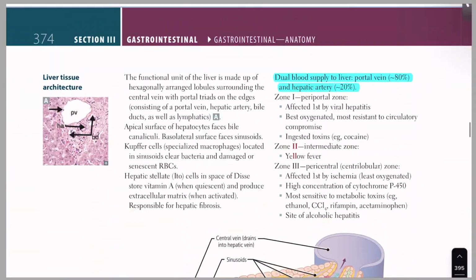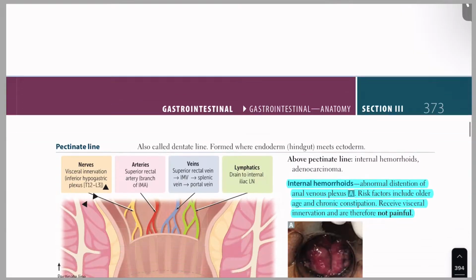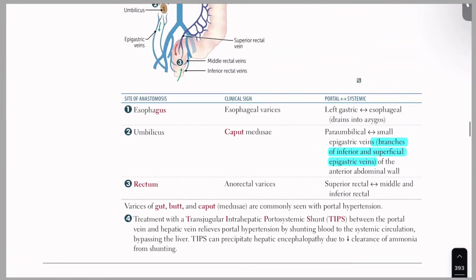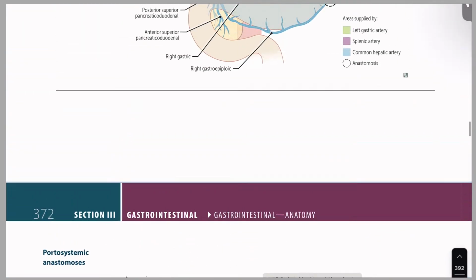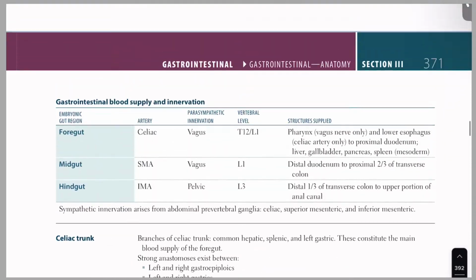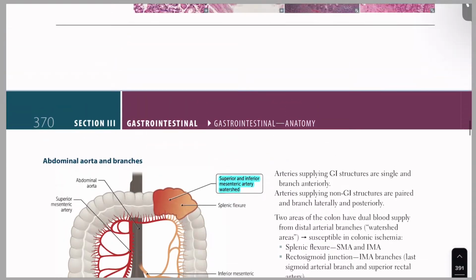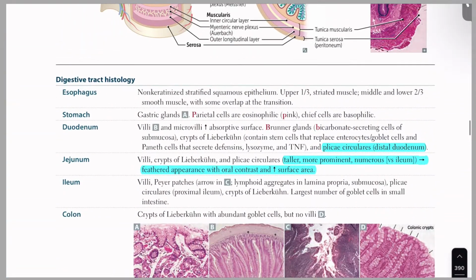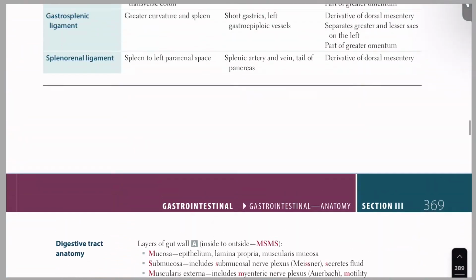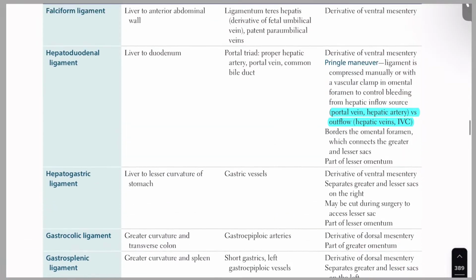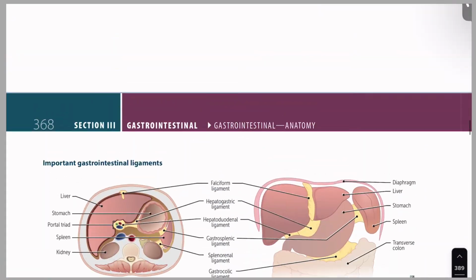We are very proud of ourselves that even after a long 12-hour internship shift, we are still coming and reading, being consistent, following our routine.